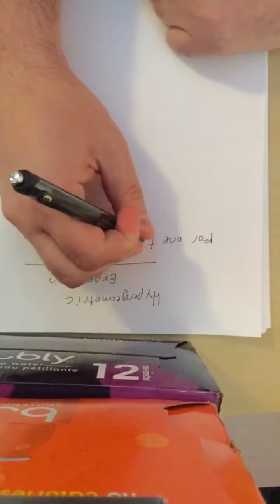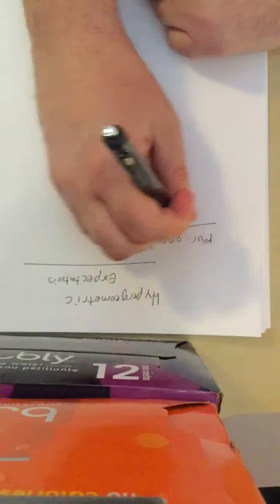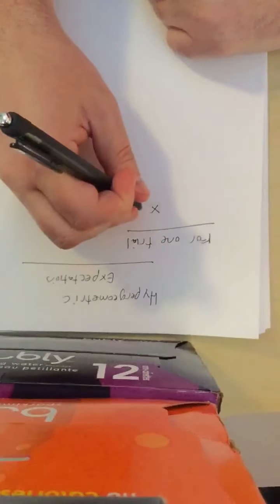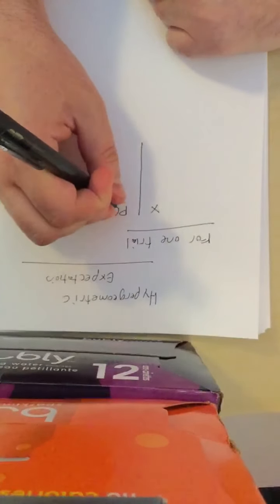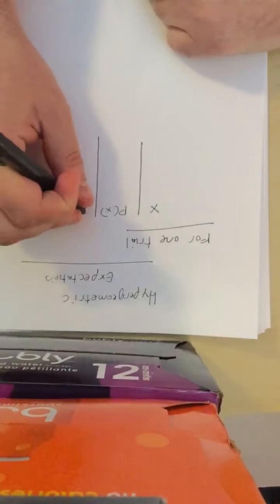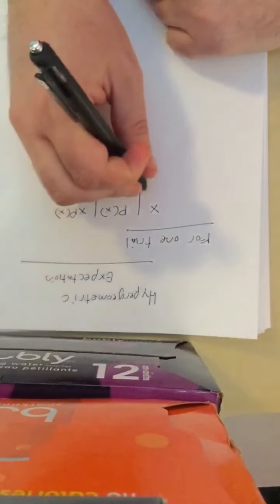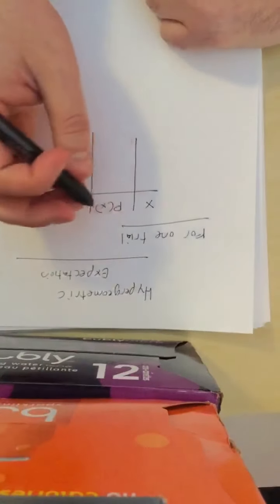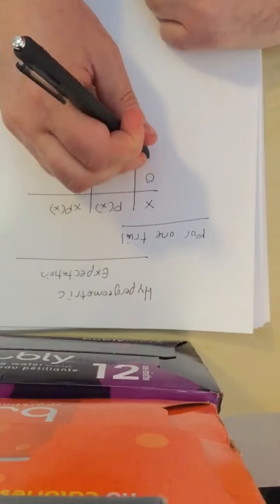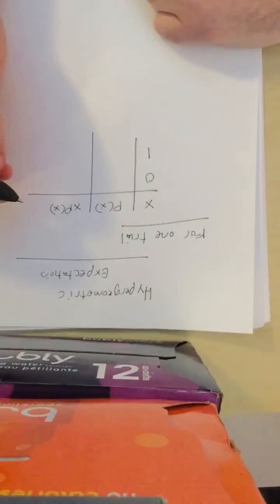So for one trial, we're going to make an X, P of X table. For one trial, we could have 0 successes or we could have 1 success.